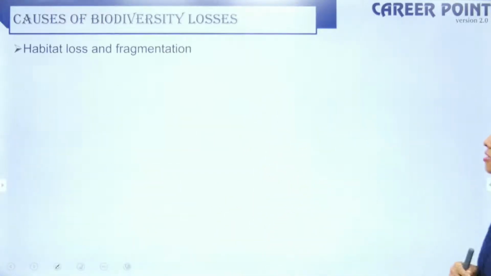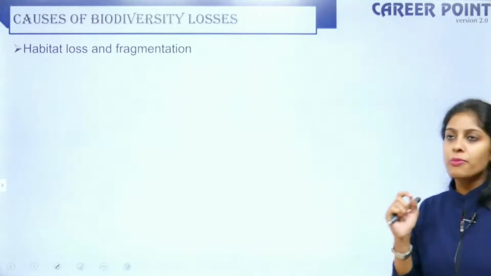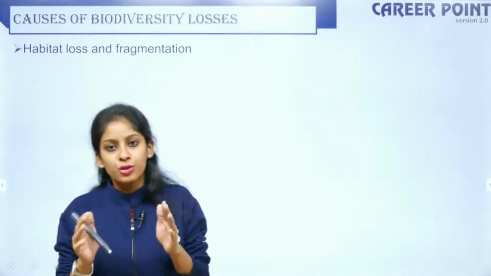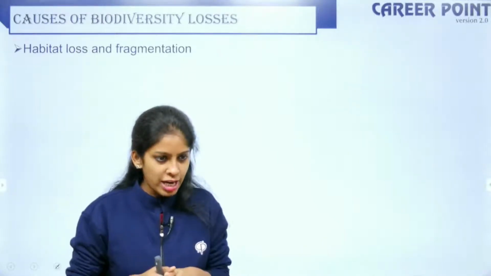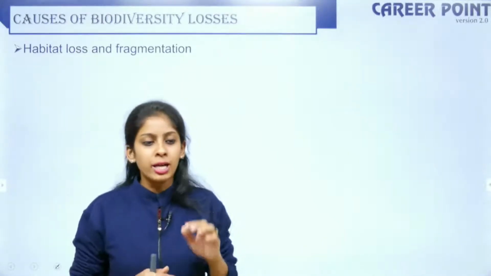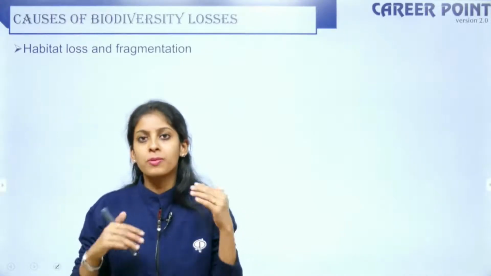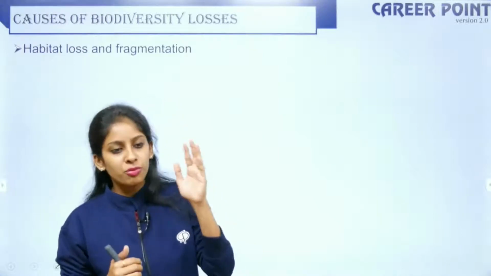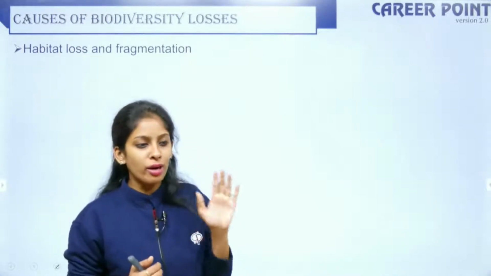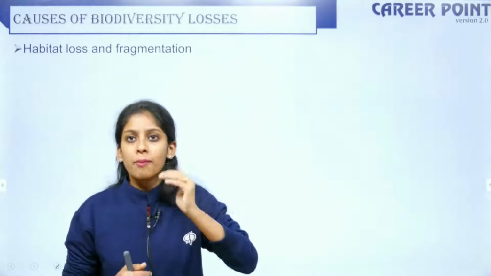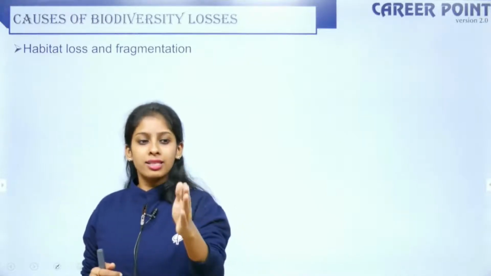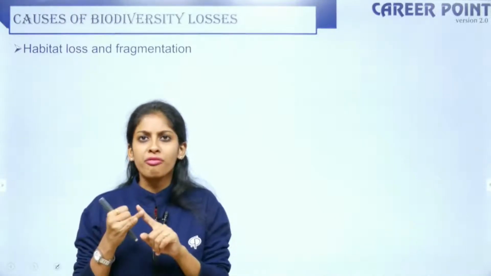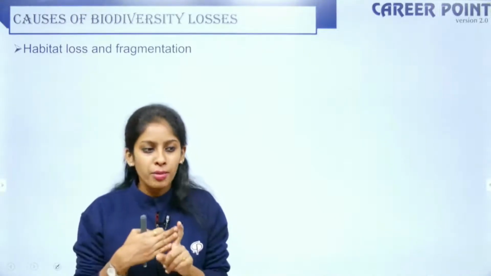So, causes of biodiversity loss. So, first is habitat loss and fragmentation. So, before, all of us used to live within the city limits, right? So, we used to live in the heart of the city, but as days went by, people started migrating to the outskirts of the city. Before, the outskirts of the city were just calm, scenic, only fields and farms, etc. But these days, when you travel outside the city, you have huge buildings, huge MNCs, factories, apartments coming up, right?